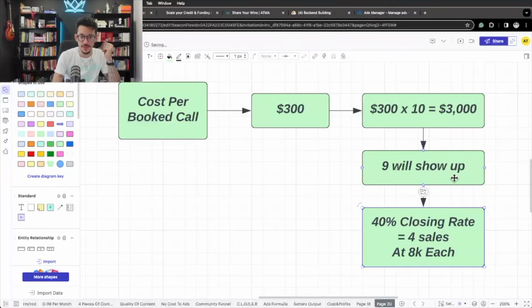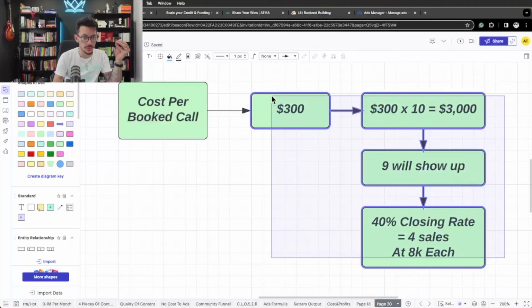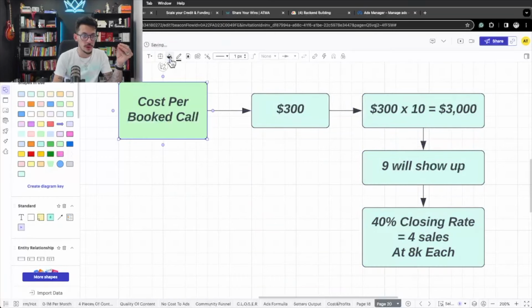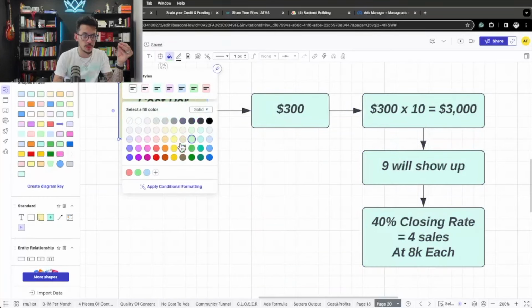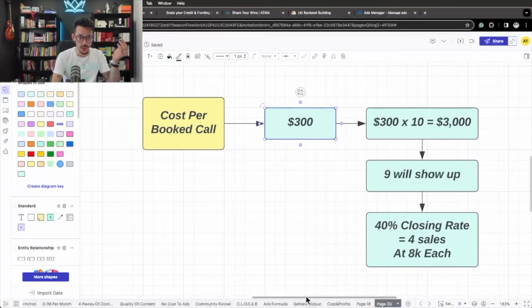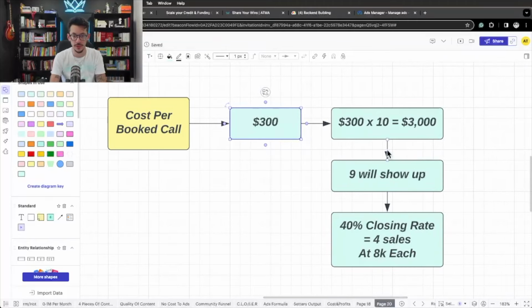Once you have these metrics, you then find out your cost per acquisition. Once you start doing all this math, you know your cost per book call, right? Once you've figured out the cost per book call, it's 300 times 10 because I want to get 10 book calls in front of me.